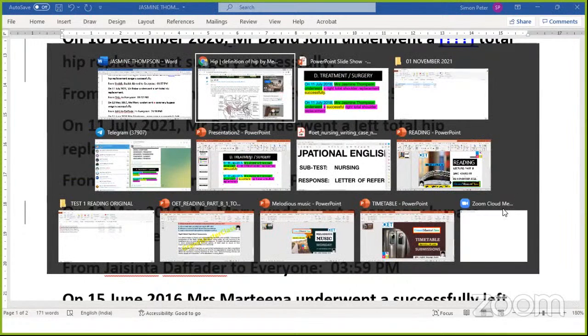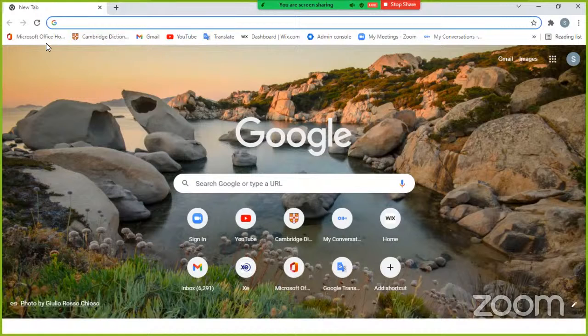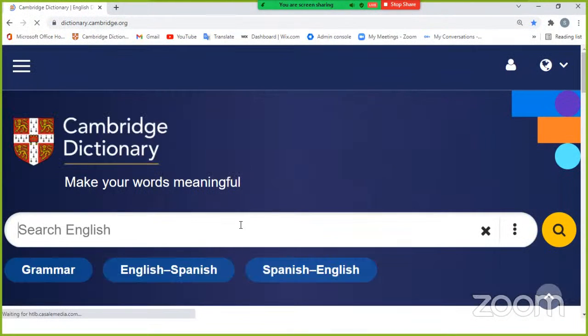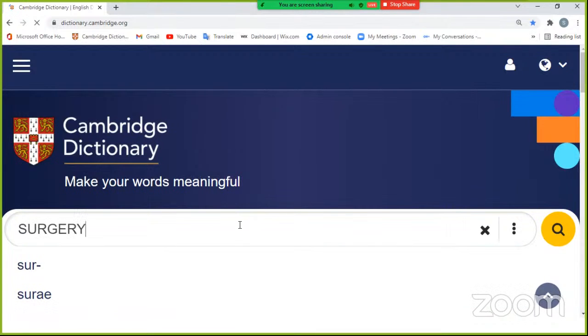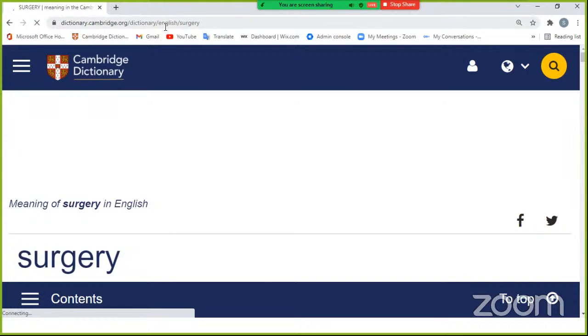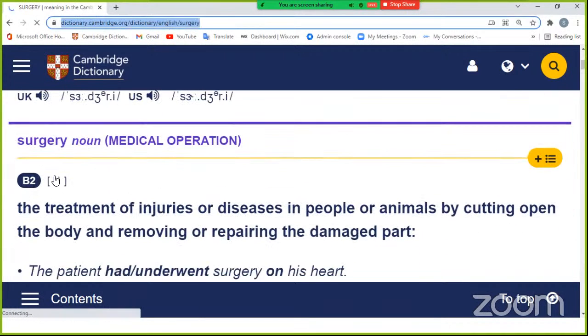Surgery is uncountable and you have to know that. Okay, I'll show you that now. So Cambridge Dictionary. So surgery. Surgery is here. So surgery, uncountable. U means uncountable.